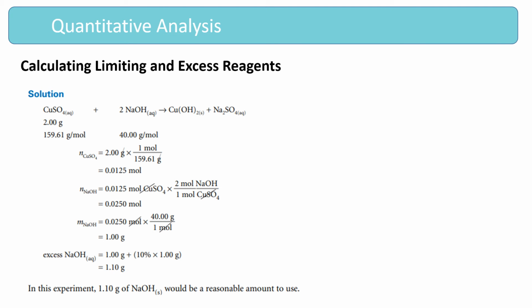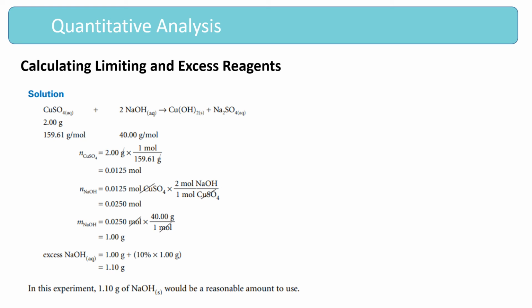So we have CuSO4 plus NaOH to get Na2SO4 plus Cu(OH)2. We have 2.0 grams of CuSO4 at 159.6 grams per mole, and 40 grams per mole for NaOH.